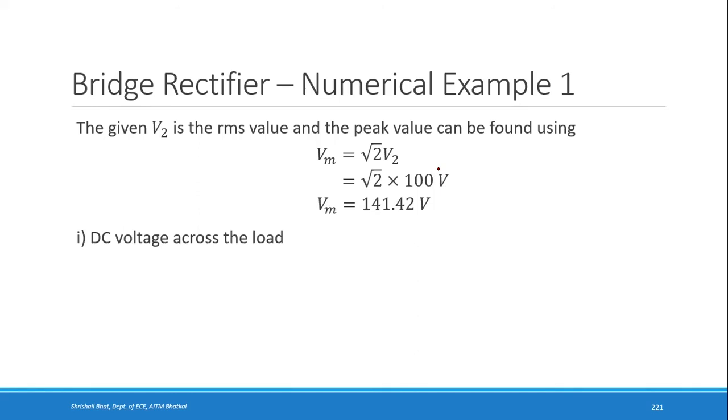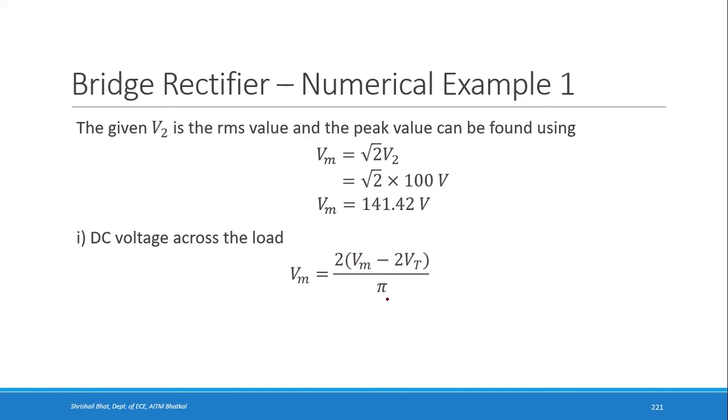When the diodes are conducting, two diodes will be on in a full wave bridge rectifier. So instead of 2 Vm by pi, we actually have 2 times (Vm minus 2 Vt) divided by pi.